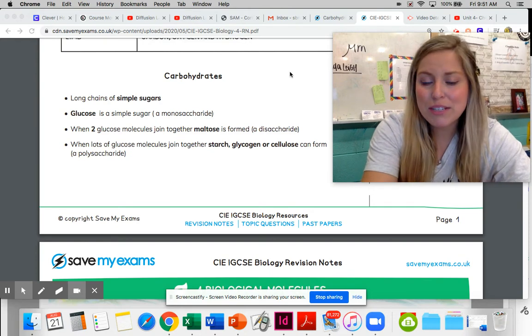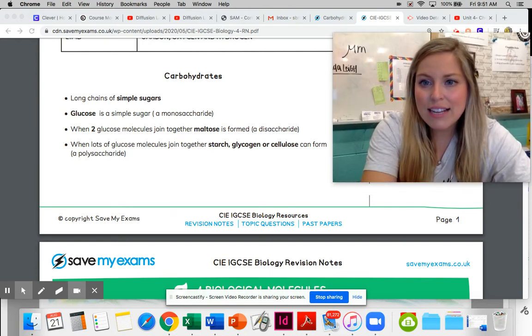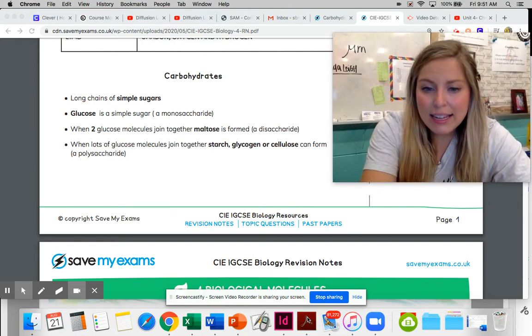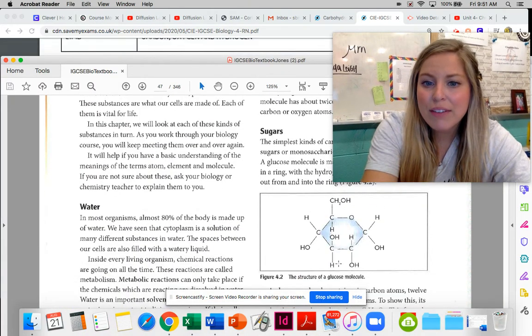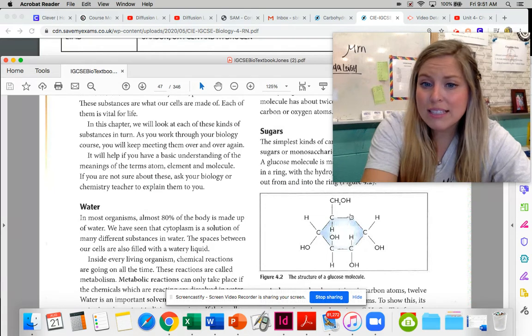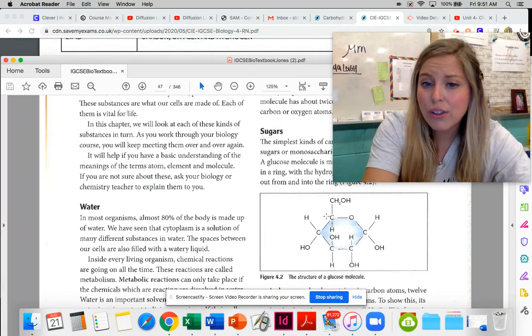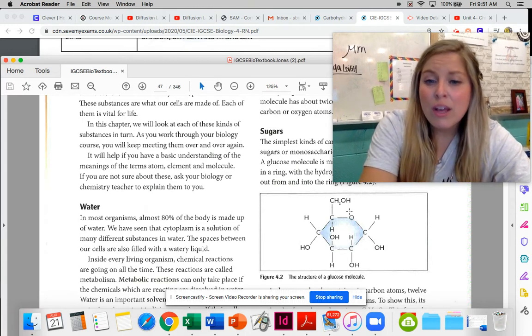Now I'm going to switch my screen over for just a second and show you on a chemical level what we have as far as the image of chemical bonds in a carbohydrate molecule. So you can see the ring of carbon in the center, and then branching out from that are oxygen and hydrogens that are bonded to that ring of carbons, with that oxygen right here on one of the corners.